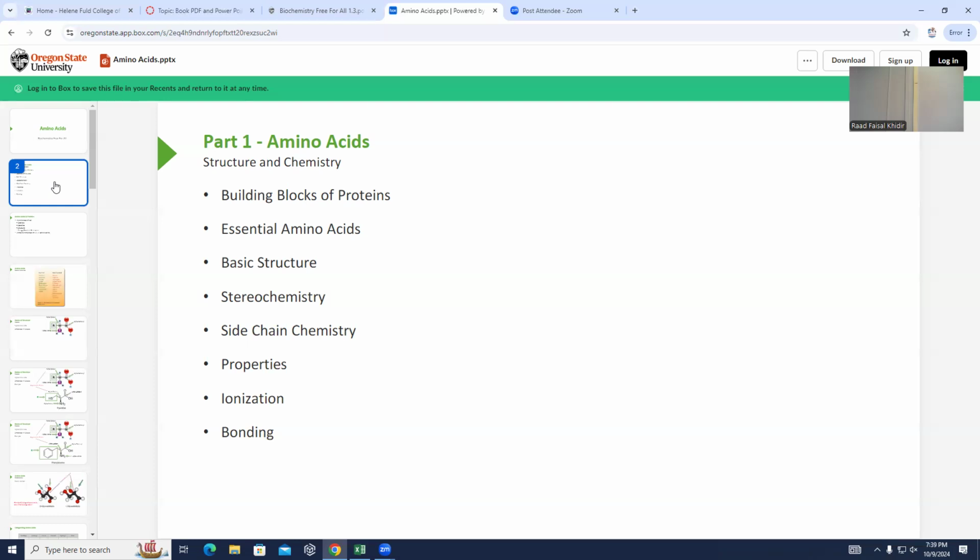We transcribe DNA to get mRNA, and we translate mRNA to get a protein.